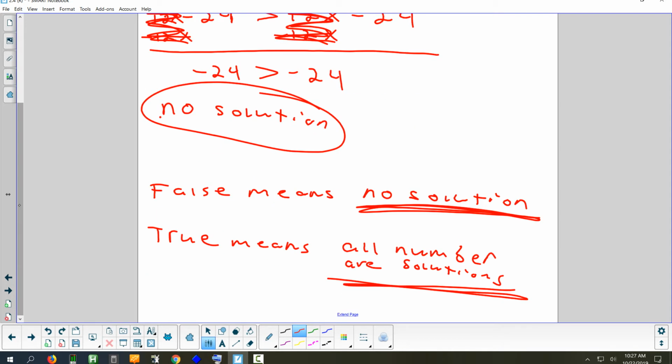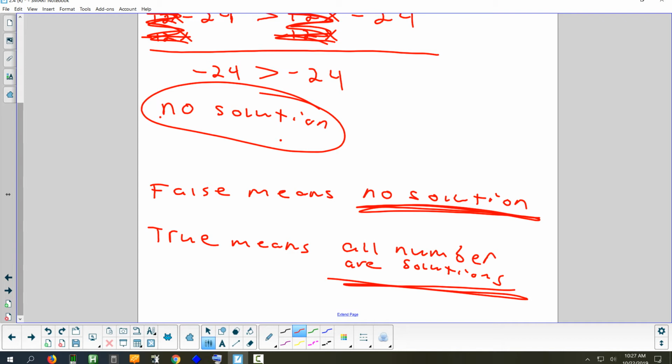So if you were to graph this one, the answer was no solution. When you graph it, you are shading in everything that's a solution. So if you had a number line, what would you shade? You'd shade everything that's a solution. Look at the answer to this problem.